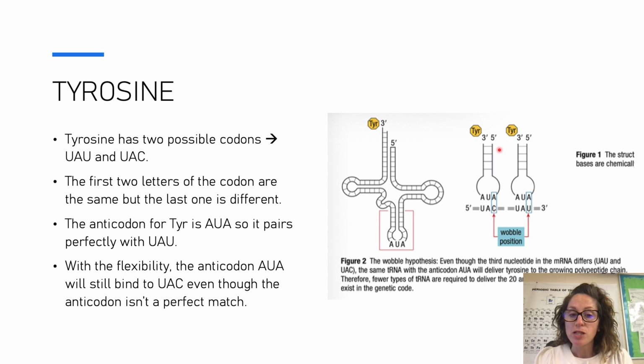However, this tRNA carrying tyrosine will also recognize and bind to the UAC codon. So the C isn't a perfect match.